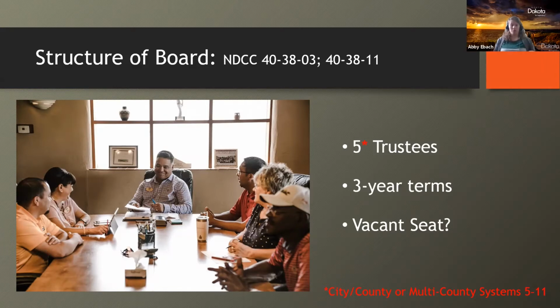1 trustee from each municipality of the library needs to be a member of the city council or county commission. So this is included in those 5 members. So 5 total members. This person needs to be from the city or county or whichever funding body. This person needs to attend all of the meetings. They have the same exact term limits and voting power as other members of the board.